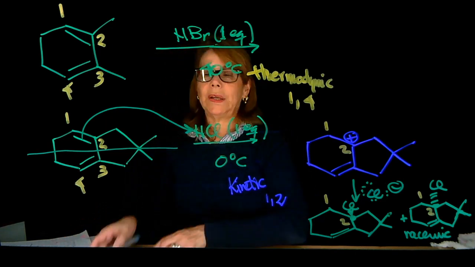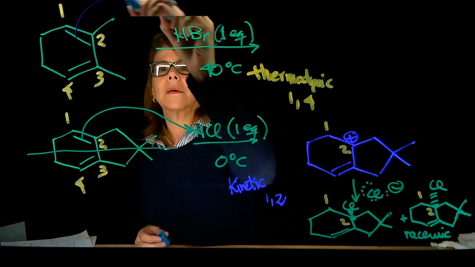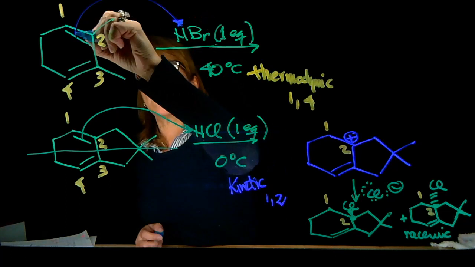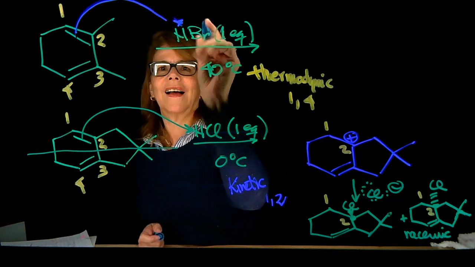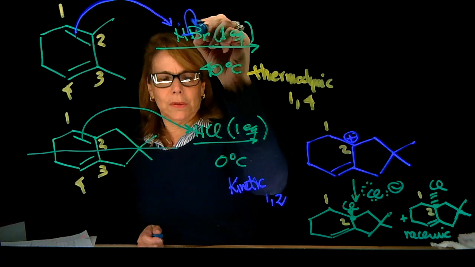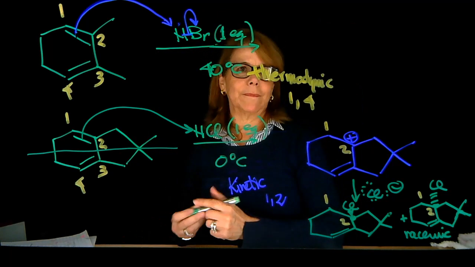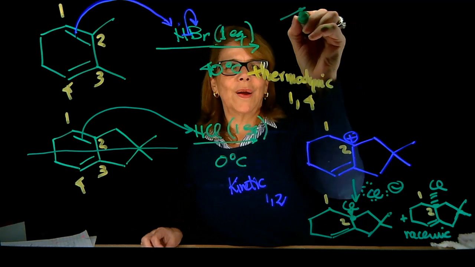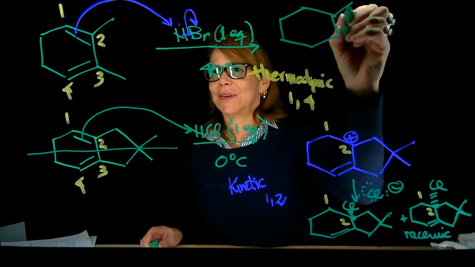What I'm looking at here is that you start from the same diene, and we're going to do Markovnikov here. Breaking the bond over here would give me the following. I'm drawing a bit smaller so that I can fit things here.